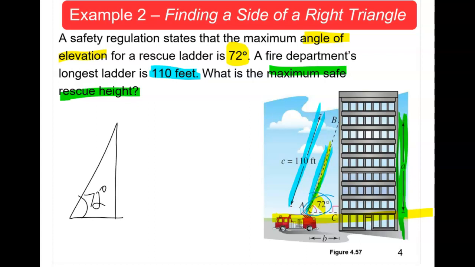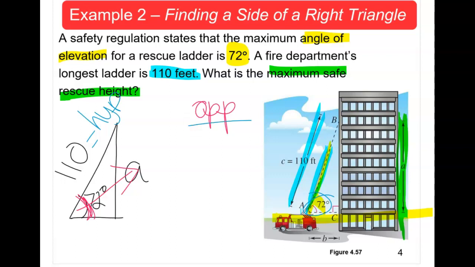This side is 110 feet. And what we are looking for is this side. Now, corresponding to this angle here, the side that is opposite to it is a. So we have an opposite side, and we also have the hypotenuse.